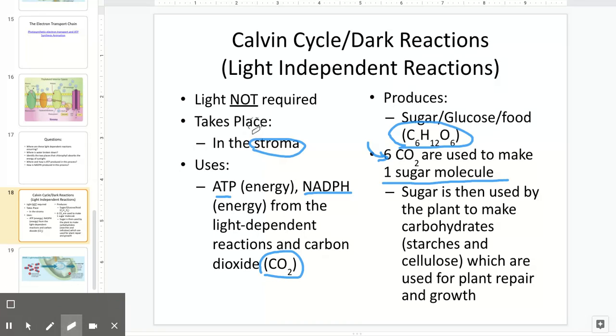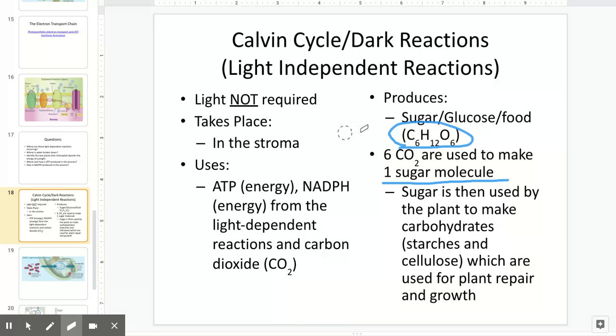And specifically that sugar, it's a simple sugar, in most cases glucose. And that glucose is the food for the plant to do all the things it needs to do, including to grow. Without sunlight, plants can't grow and eventually, can't sustain their own functions. So keep that in mind.